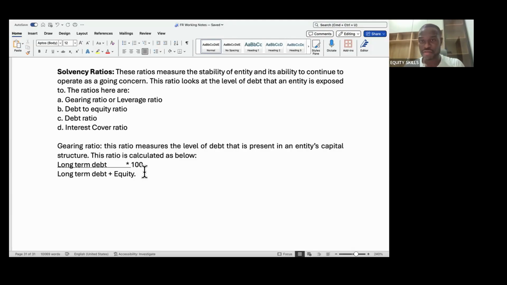And financial risk is in two ways. The risk that the interest payment will become too high, and the company will be unable to pay at all, which will result in liquidation.